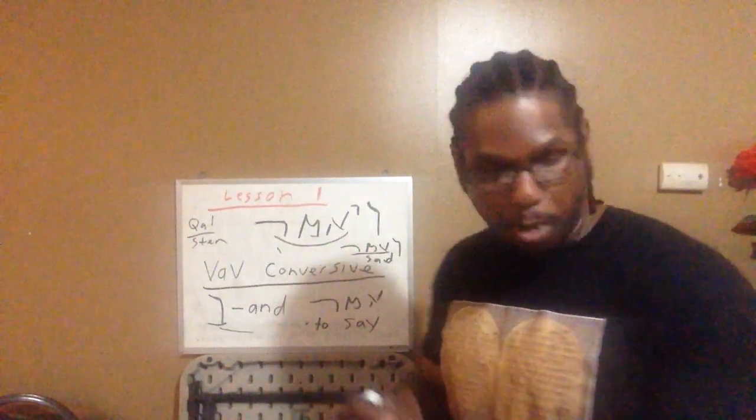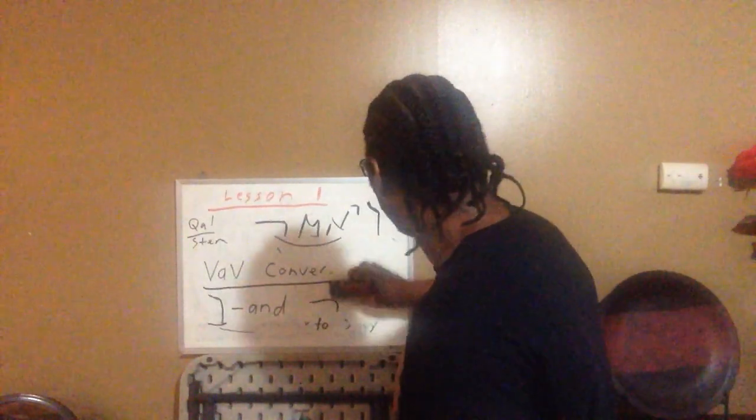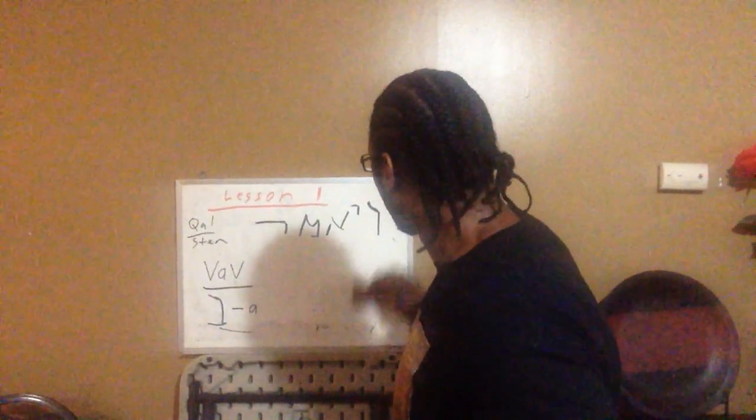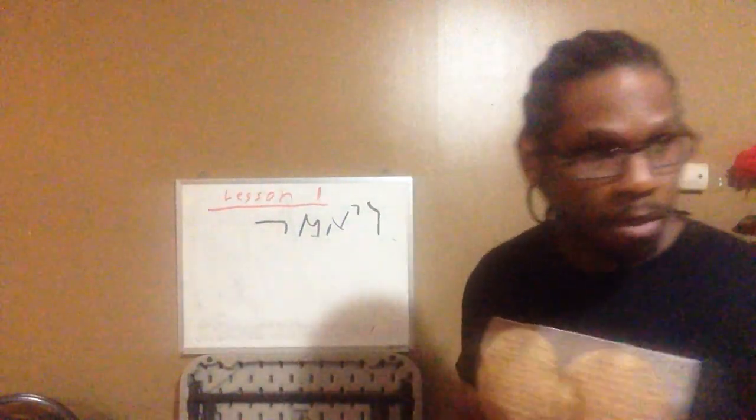So let me break it down even clearer. To say something, and said. You put that on the right, in the beginning, to start it off. Amar. It's a verb meaning to say.